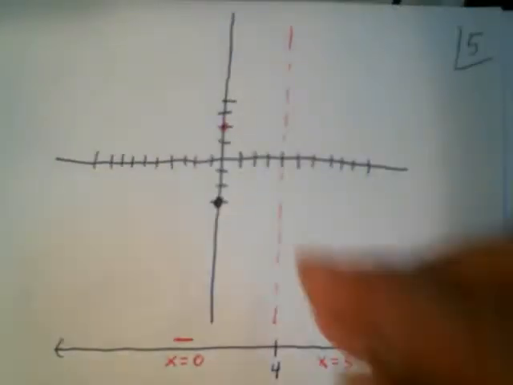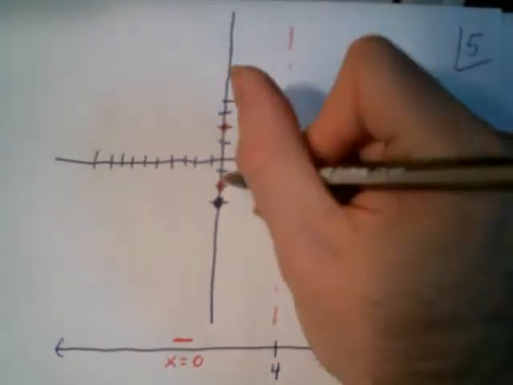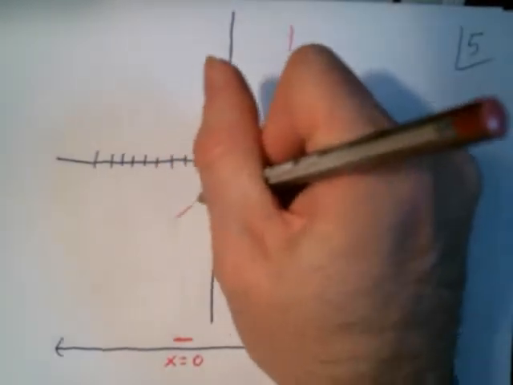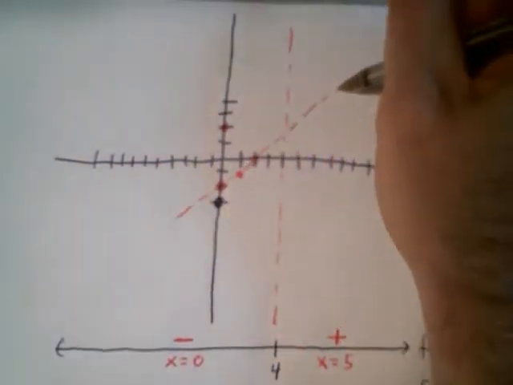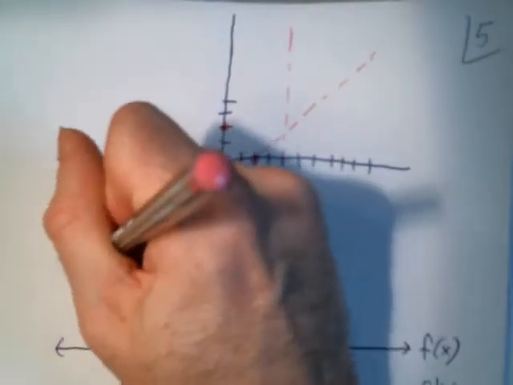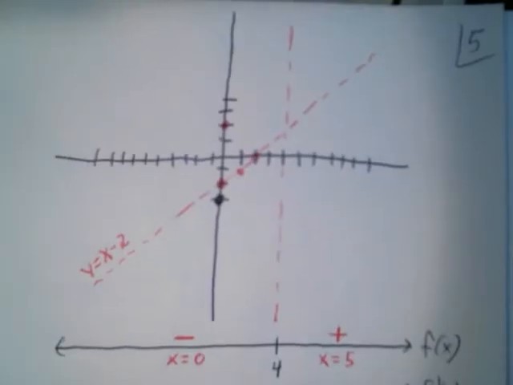So not up here, it's down here. And then you've got to go up 1 over 1, up 1 over 1. And that's our slant asymptote. I apologize. So it's at y equals x minus 2. I just made a mistake in the long division there.